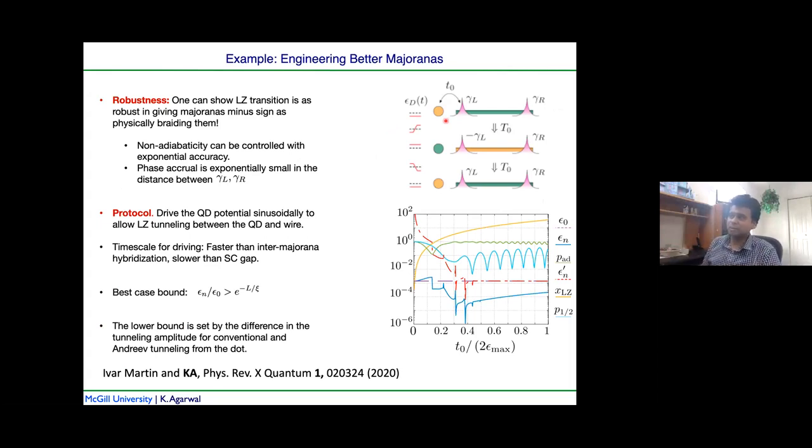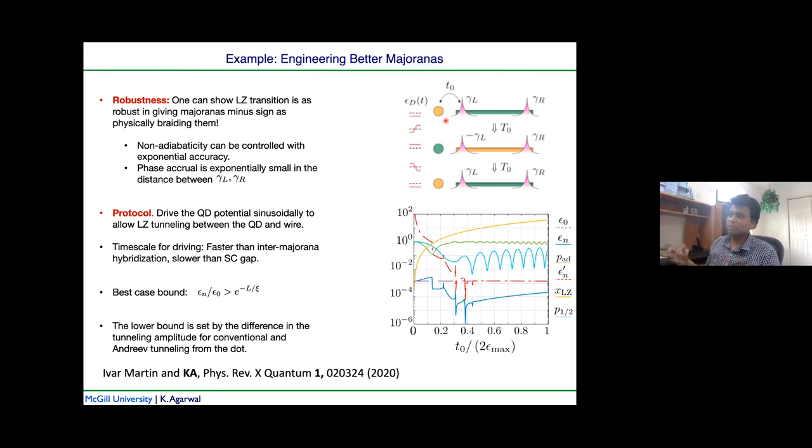And so the way to think about this is as follows. When you do a Landau-Zener transition, you can have non-adiabatic errors. So you can imagine going from one parity state to another parity state accidentally. And that, of course, you can suppress with exponential accuracy, as long as your Landau-Zener parameter is in the right regime. The other kind of error you can imagine is phase errors.